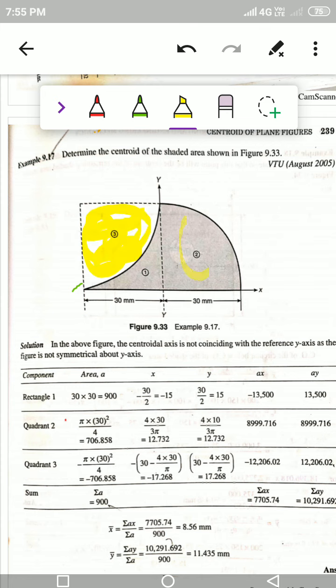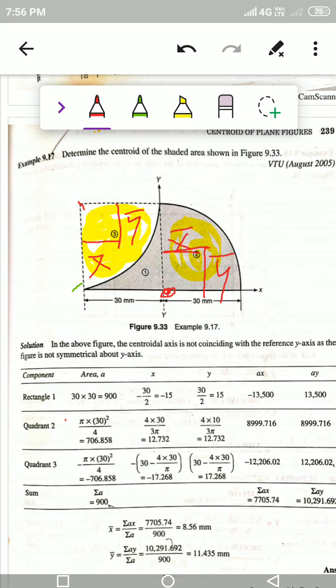Clear? So the x bar value from here to here is with respect to the center of the quarter circle; this is x bar and this is y bar value. Here, with respect to this as the center of the quarter circle, this is x bar and this is y bar.